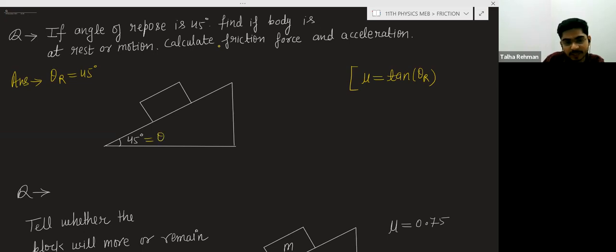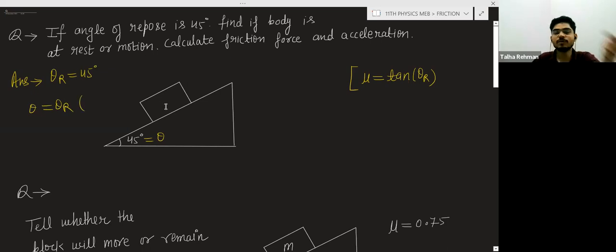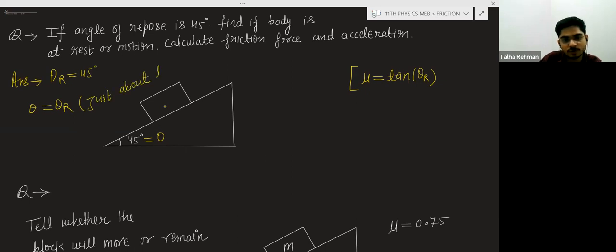What is the condition here? Theta is equal to theta r. So this block is just about to slide, and they are asking to calculate the friction force and the acceleration.